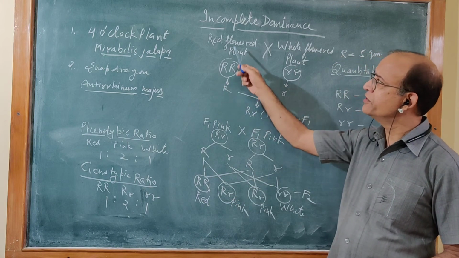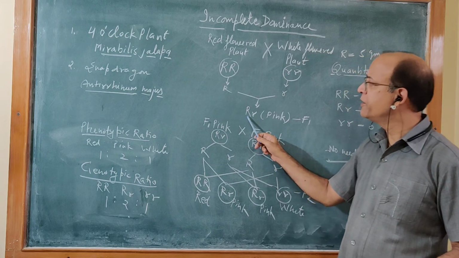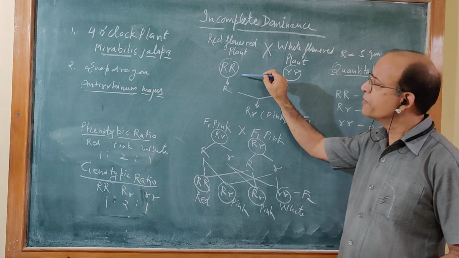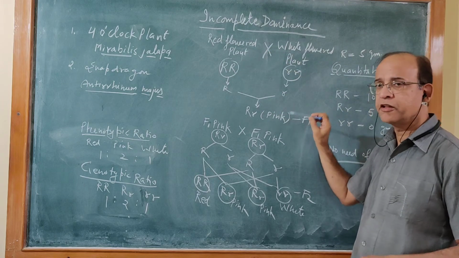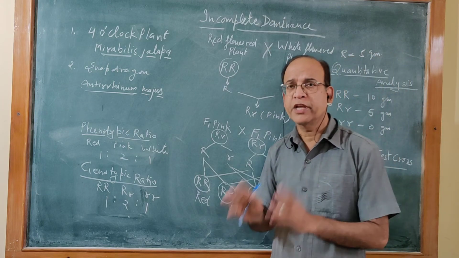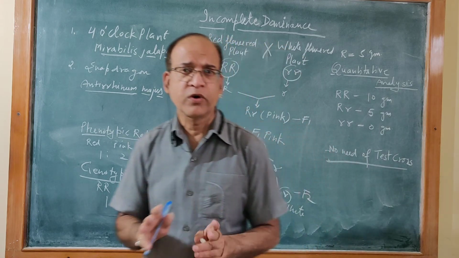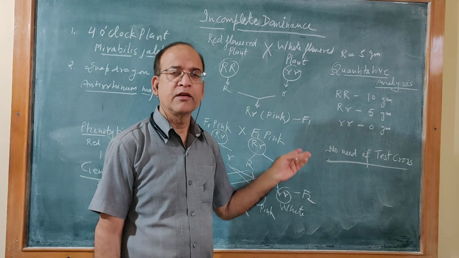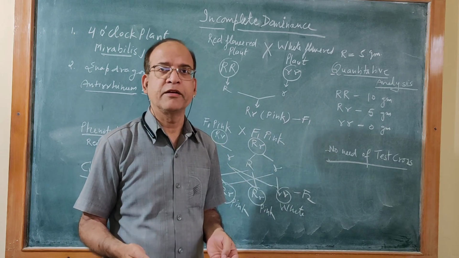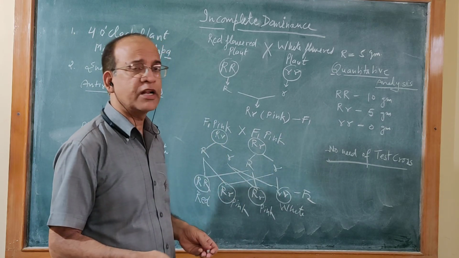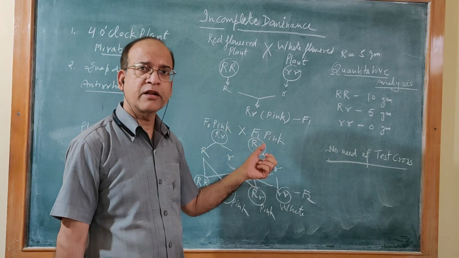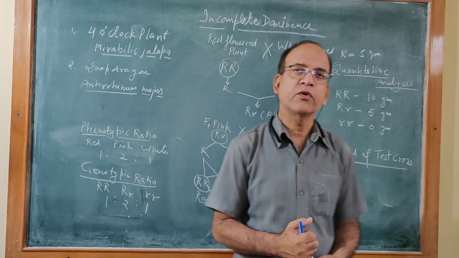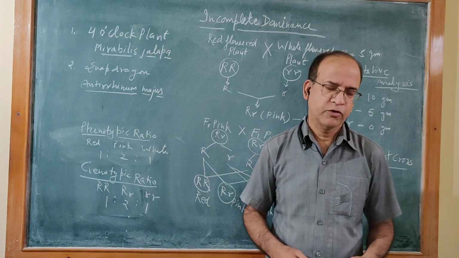Pure dominant is red, hybrid is pink. So capital R capital R is red, capital R small r is pink. Due to this change in phenotype, there is no need of a test cross. By phenotype only we can decide whether it is capital R capital R or capital R small r. So this particular case is incomplete dominance.